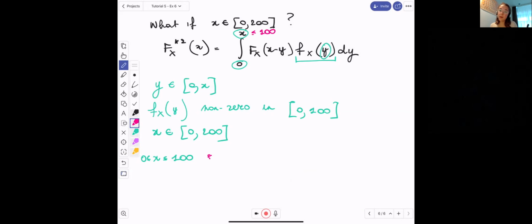So then the density function will just be 1, right? Because we know that it's non-zero between 0 and 100. So it's not a big problem in that case.